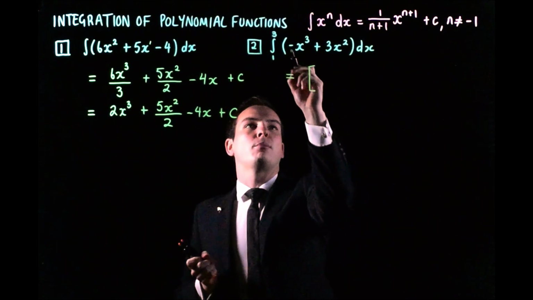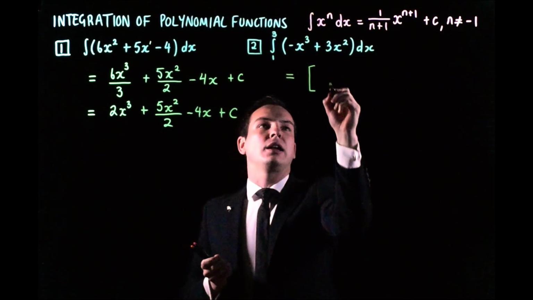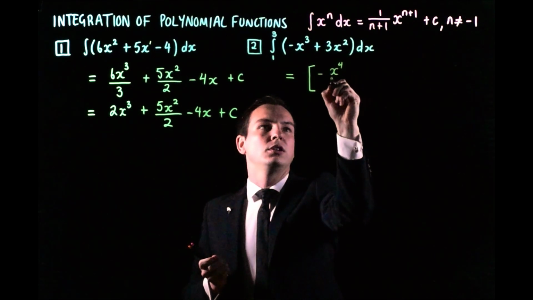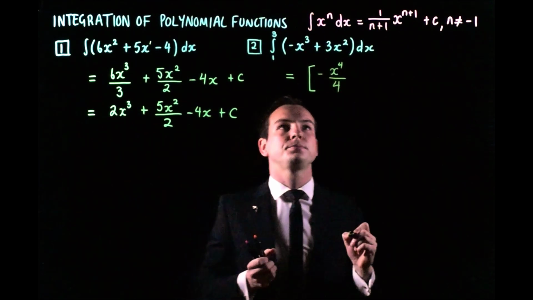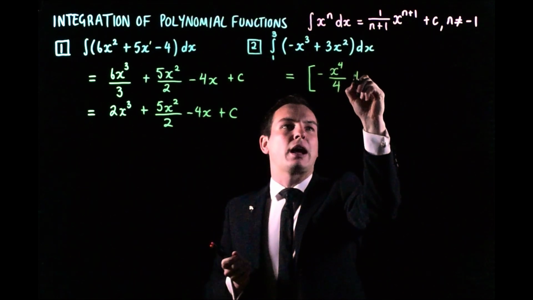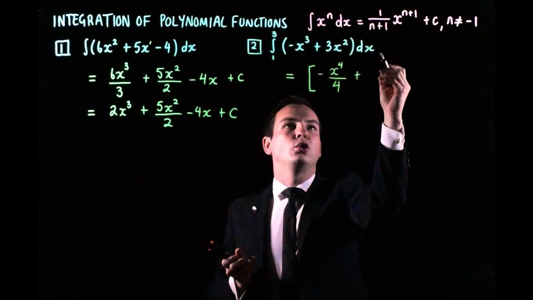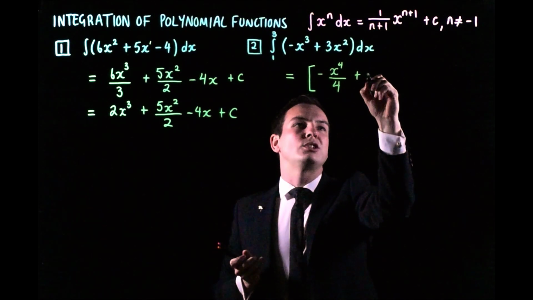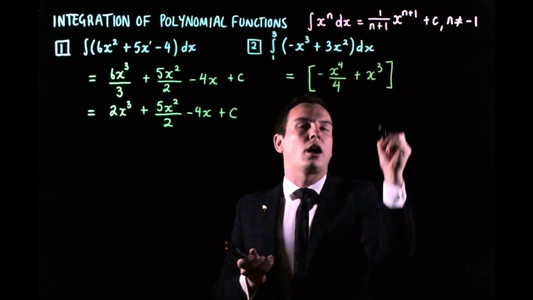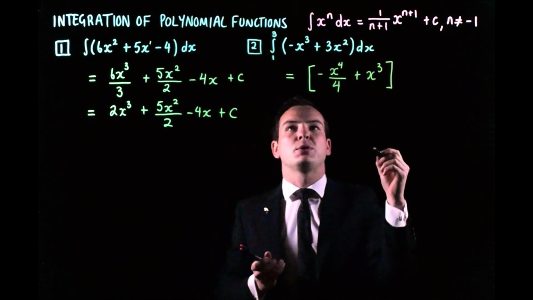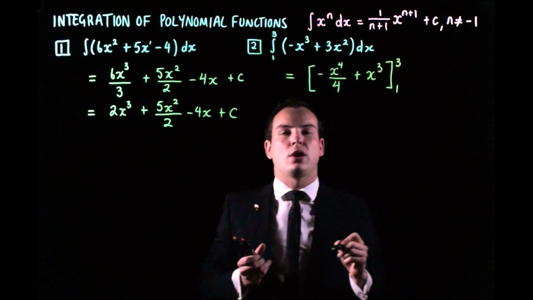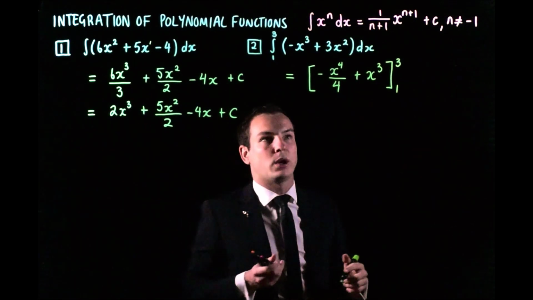So when we have minus x to the power of 3, that becomes negative x to the power of 4 divided by the new power of 4. And then we have plus 3x squared here, which becomes plus 3x cubed divided by 3, which is simply x cubed. So we're going to evaluate that antiderivative between the terminals of 1 and 3. And they were the terminals that were supplied at the start of this question.